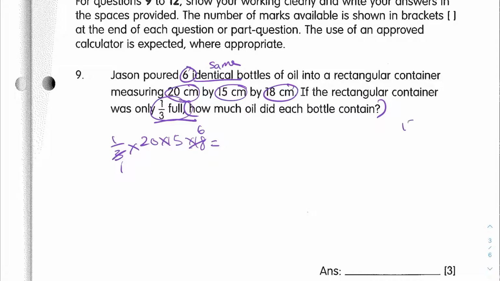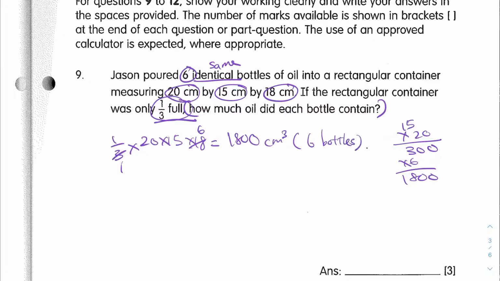So 15 times 20 would be 300 times 6, 1800 cubic centimeters. This is 6 bottles. So how much oil did each bottle contain? So 1800 divided by 6 will give you 300 cubic centimeters.